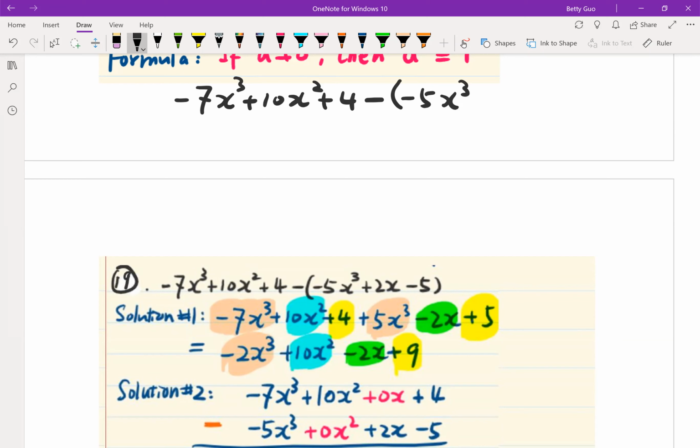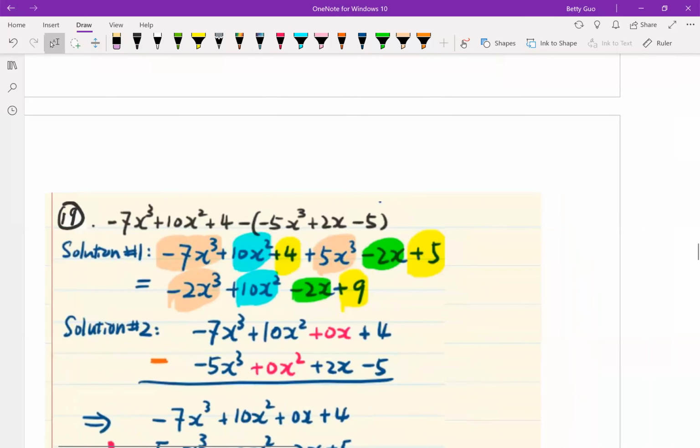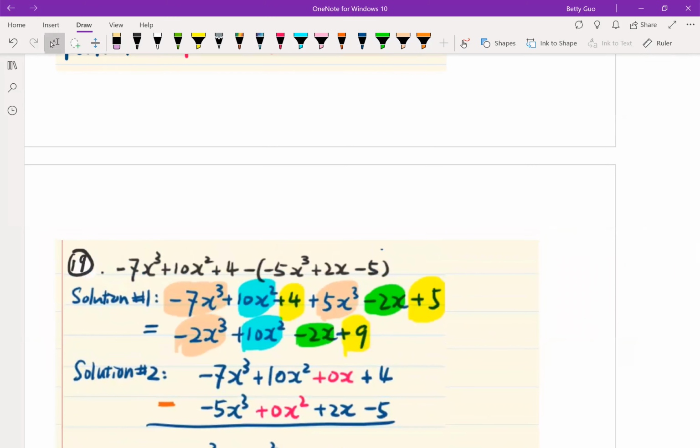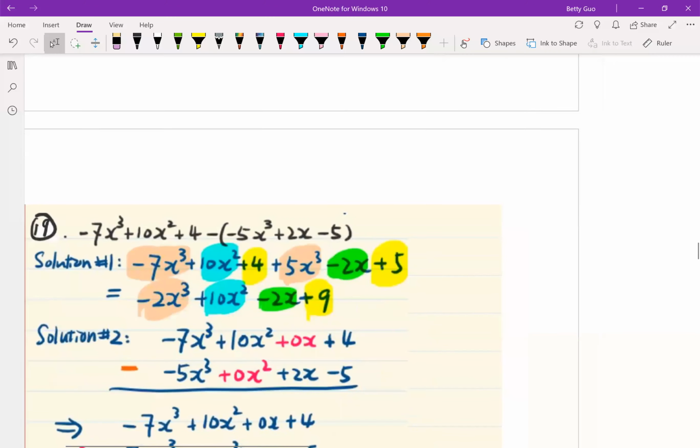How about this? Do you guys want to use the vertical method or horizontal method? I have both of the solutions in the notes. Which one do you prefer? Vertical. Okay, let's do vertical.